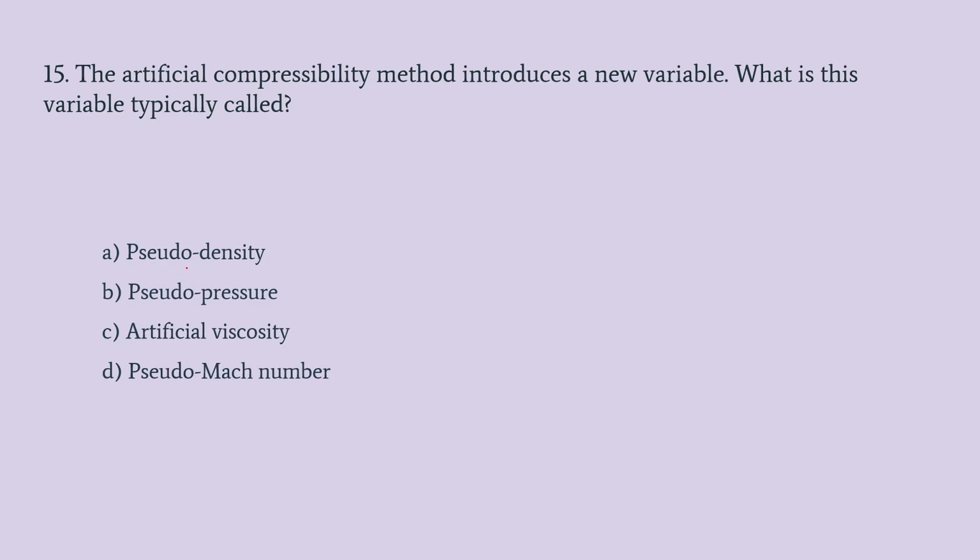Options are: is it pseudo density? Option B, is it pseudo pressure? Option C, is it artificial viscosity? Option D, is it pseudo Mach number? You can try to answer the question. It's a comparably simple question. Write in box your answers.